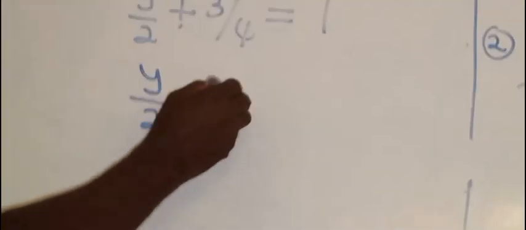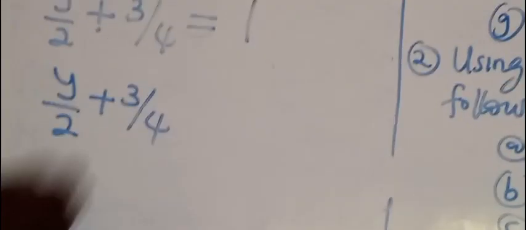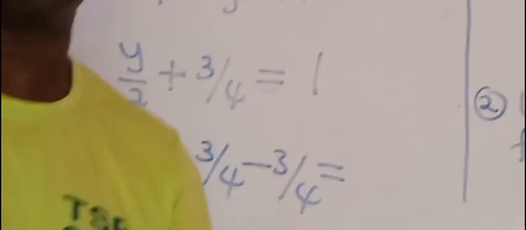Plus 3 over 4 minus 3 over 4. Now in mathematics, whatever you do to the right hand side must be done to the left hand side, because you must maintain balance. In fact, the essence of mathematics is to maintain balance in all situations.